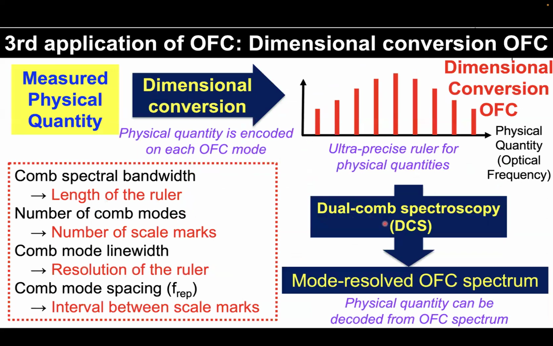We propose a third application of OFC, like here. The measured physical quantity is encoded on each OFC mode by dimensional conversion. The resulting dimensional conversion OFC can be used for an ultra-precise ruler for the physical quantity.